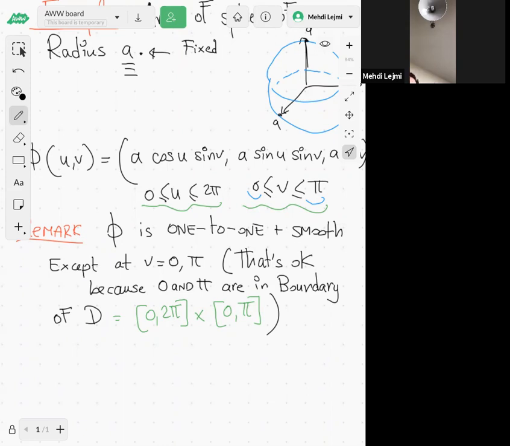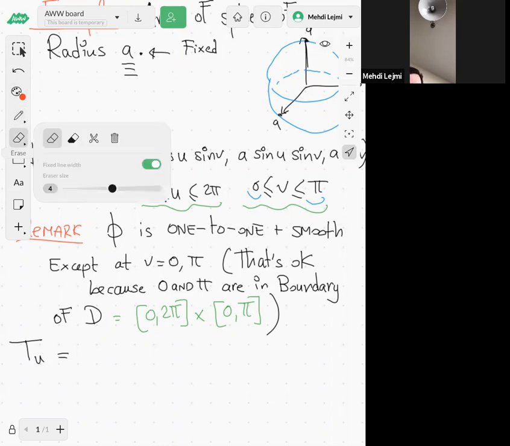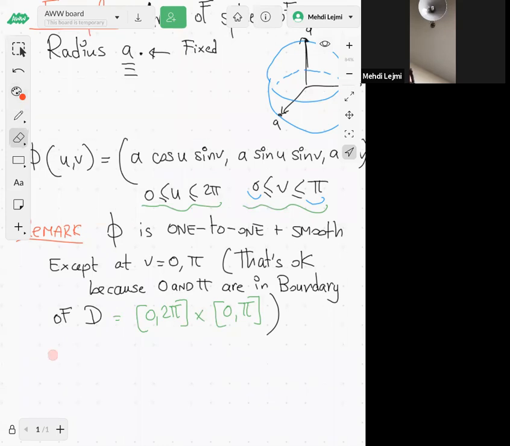Anyway, all you have to do, guys, is to compute, step 1, T sub U and T sub V. We did it last week, except for one difference here: we have this radius a.